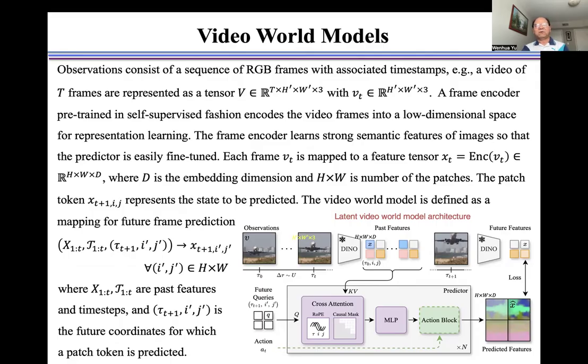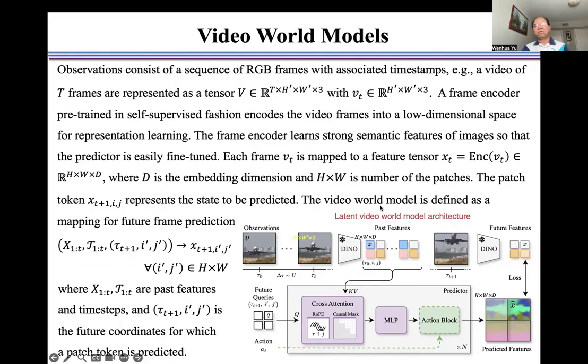Each frame Vt is mapped to a feature tensor xt, where d is the embedding dimension and h by w is the number of patches. The patch token x represents the state to be predicted.